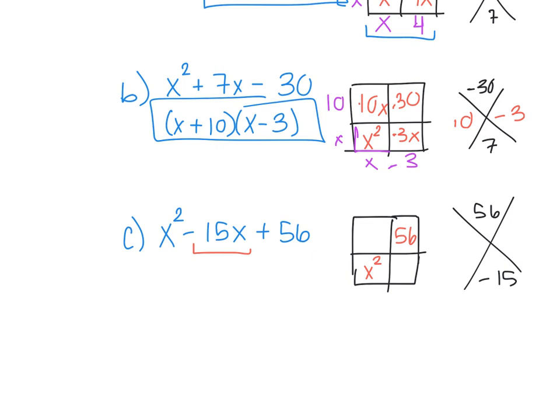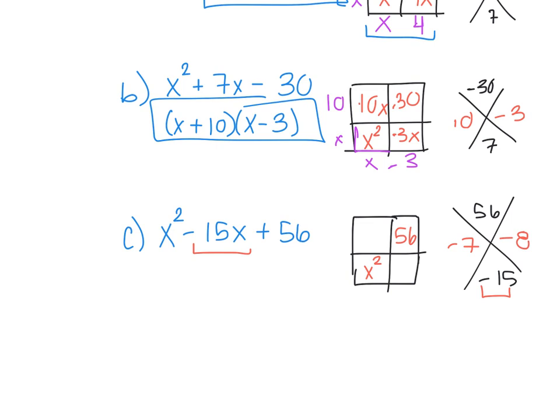You probably don't, a lot of people have forgotten their times tables if that's something you memorized earlier on in your education, but the two numbers that add to 15 would be 7 and 8, and 7 and 8 also multiply to 56. But since we want negative 15, those would have to be negative 7 and negative 8, and those multiply to positive 56.